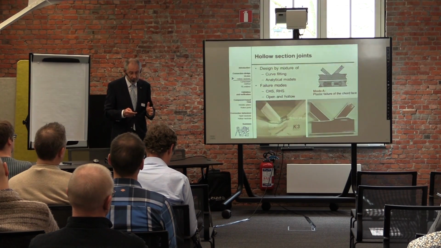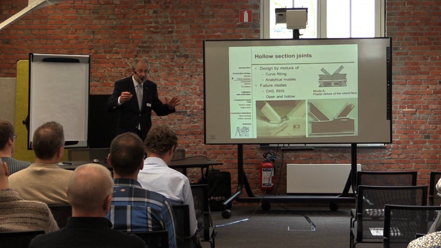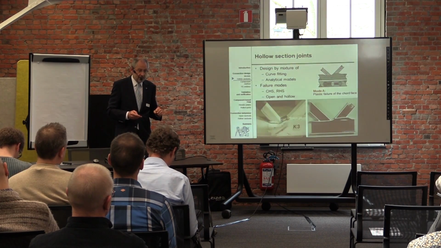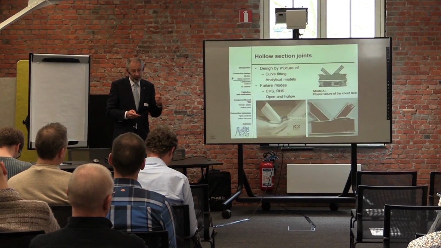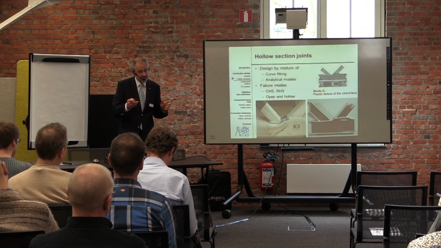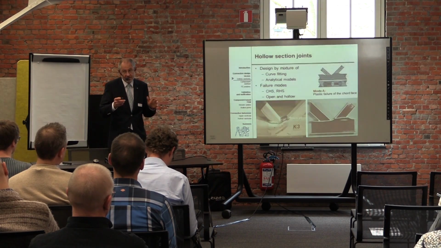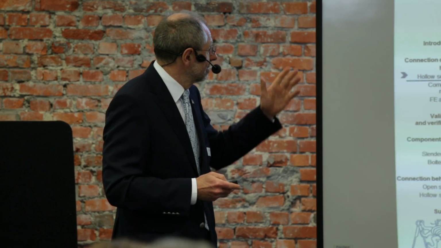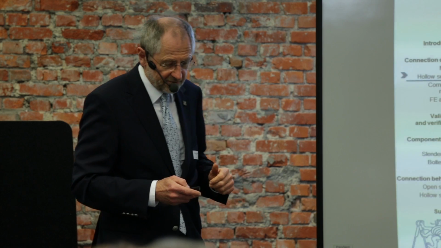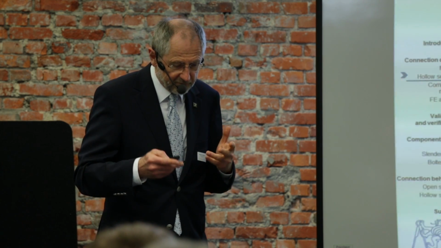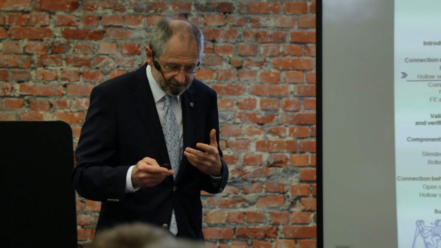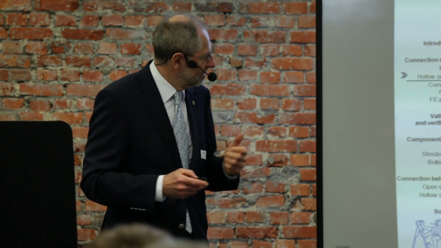But all these models are very limited in the geometry. Firstly, it's only for class 1 and class 2 sections, not for class 3. And secondly, the geometry is limited to the knowledge of available tests. And here I have the 7 failure modes. Each is different.